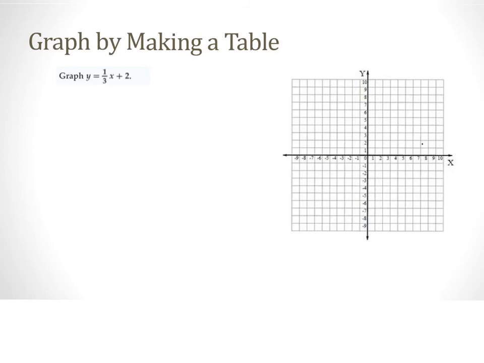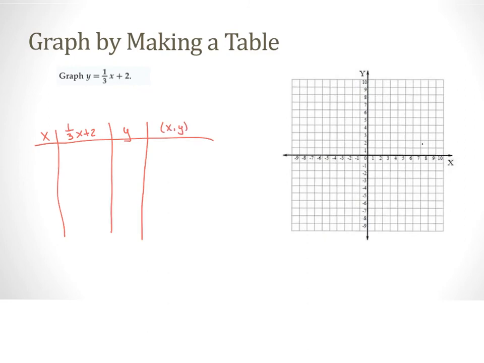So, a table, basic qualities of a table. You have your x, you have your equation, you have your y, and then I'm going to add this fourth category of what point I am supposed to be graphing.